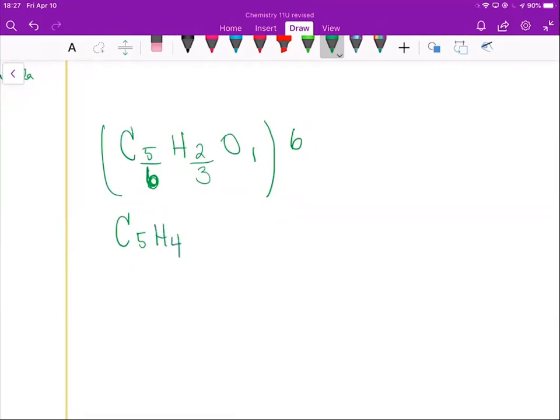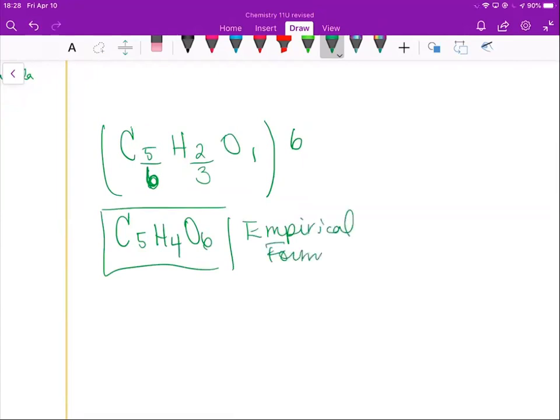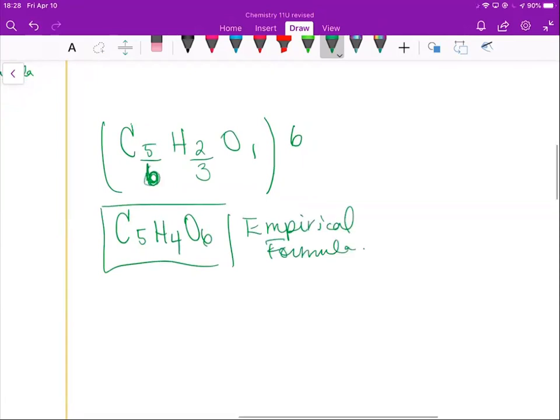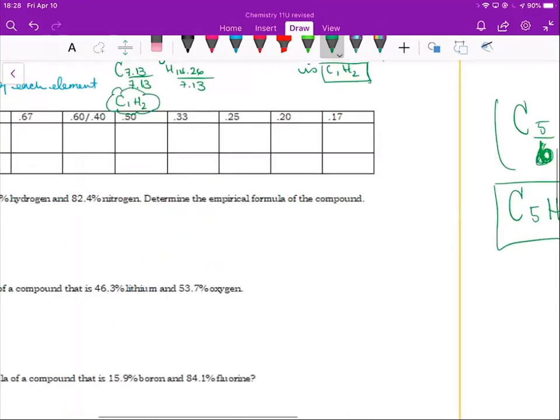And 1 times 6 is 6. Okay, and so this would be the empirical formula. Right, so have a look at this. Again, whatever number had the largest denominator, I multiplied everything by it.